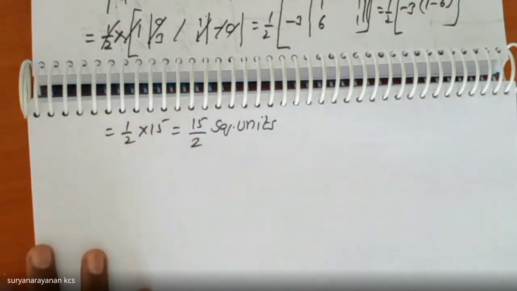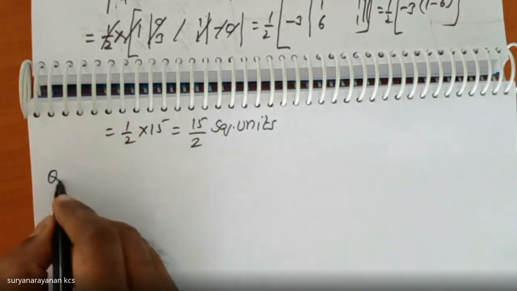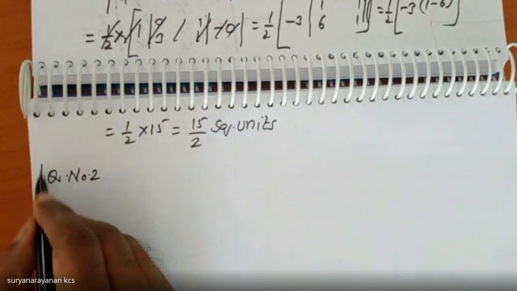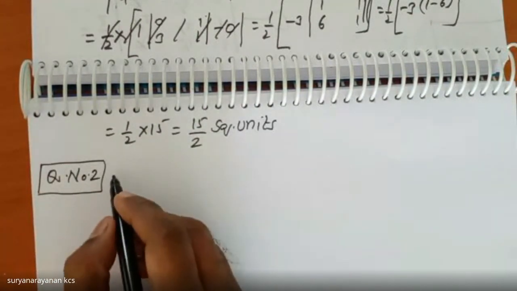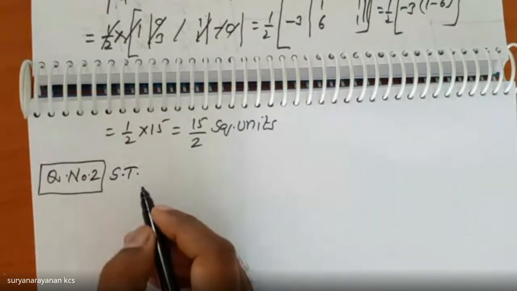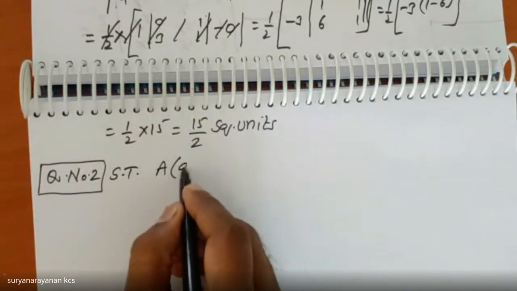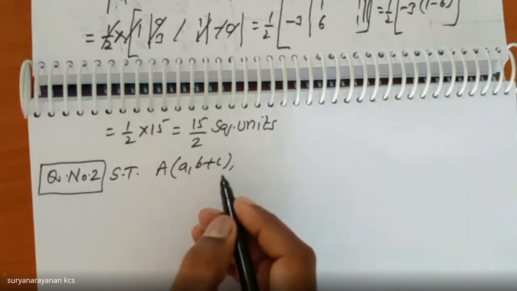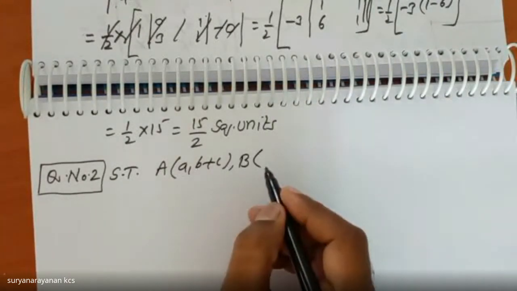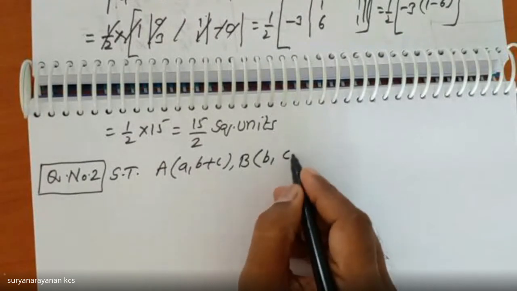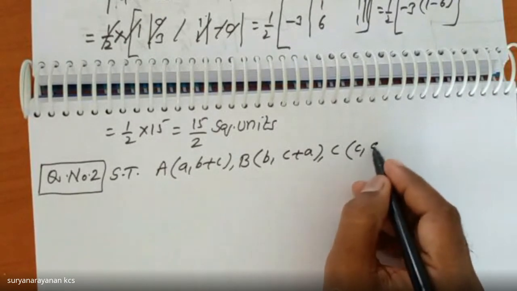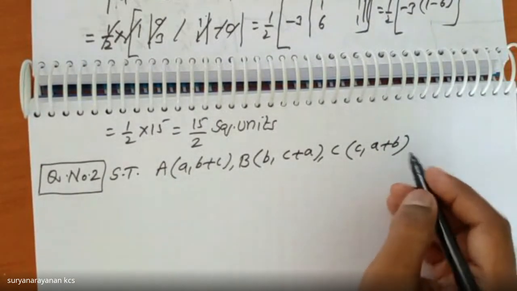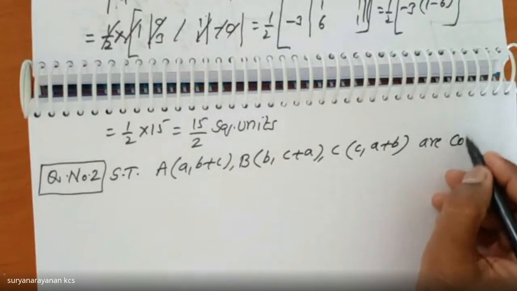So 15/2 square units. Okay. Now come to question number 2. I am not explaining the remaining parts of question number 1. Show that the points (a, b+c), (b, c+a), (c, a+b) are collinear.